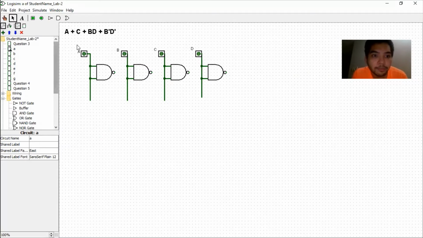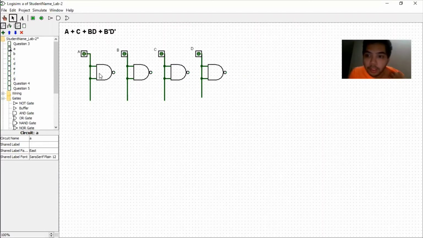As you can see here, for A, the simplified equation is A plus C plus BD plus B prime D prime. Because we are going to use the universal gates, NAND and NOR, for this activity, instead of using a NOT gate we're going to use a NAND gate to get the complement of our input.